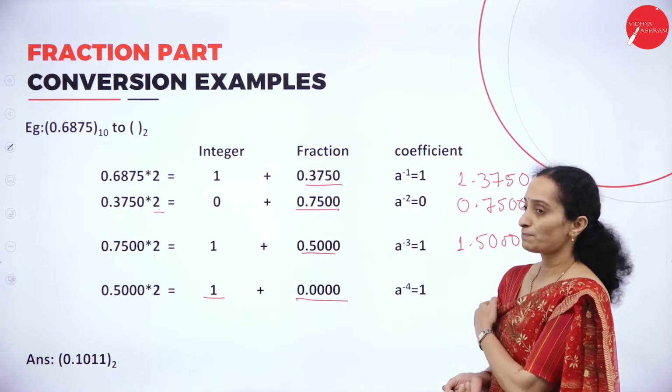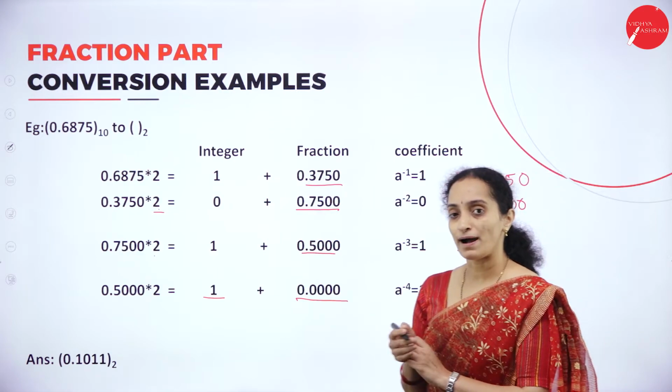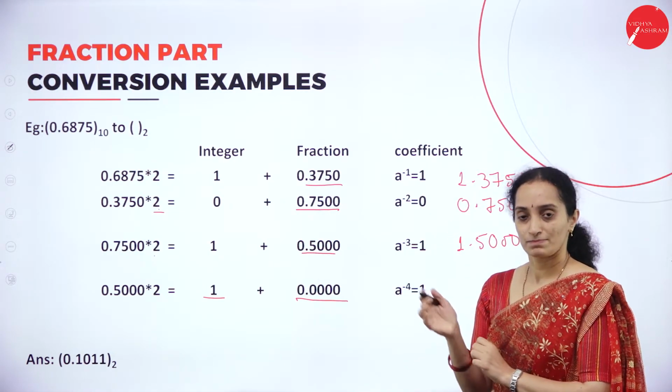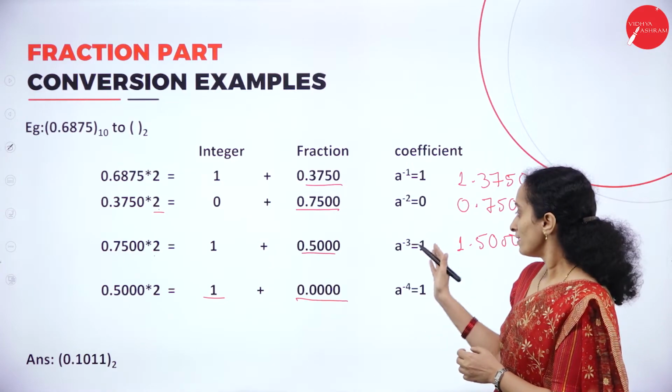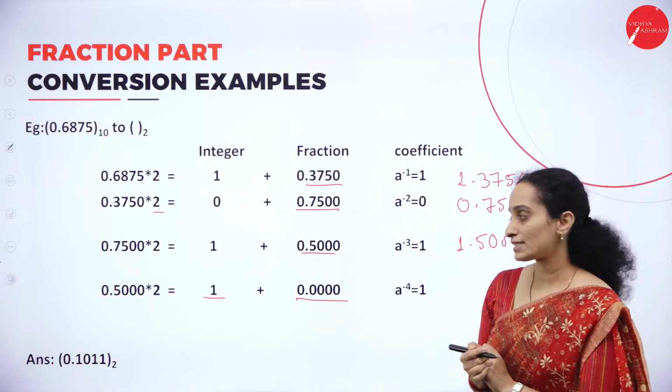Why is it represented as to the power of minus? For the integer part, it will be to the power of plus, positive values. When it comes to the fractional part, it will be minus. Why is it like that?